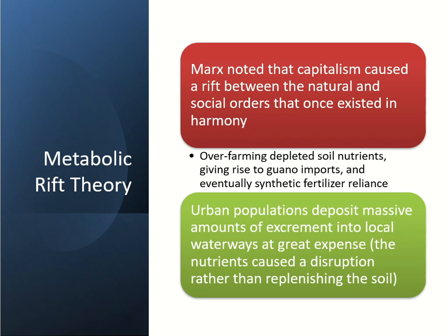Of course, Marx lived during a time when guano was being traded internationally, and he also witnessed even more horrific practices such as exhuming dead bodies to process human bones, which also have phosphorus in them.